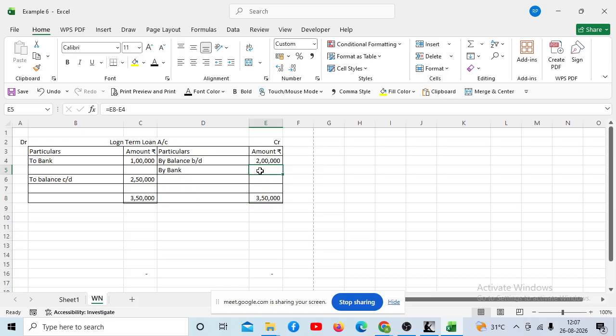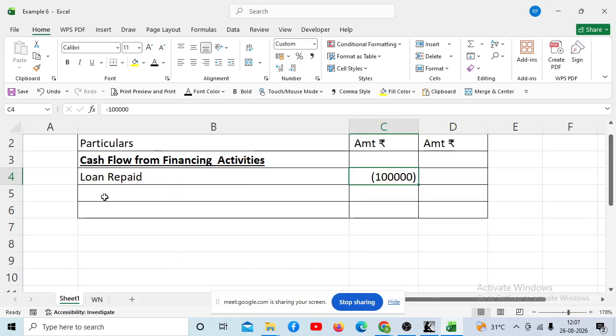So 1 lakh 50 will be by bank. Now by bank means you have taken the loan, right? So I will write here loan taken. Now tell me, loan taken, will it be plus or minus? Plus.